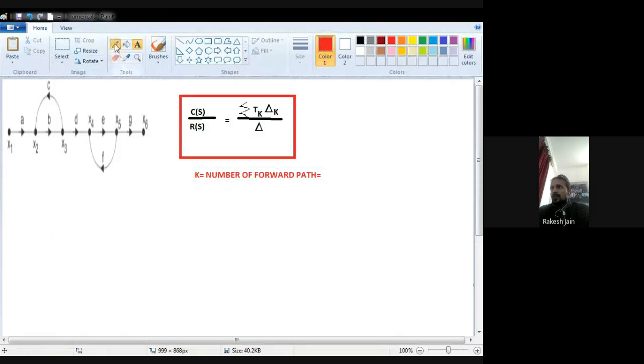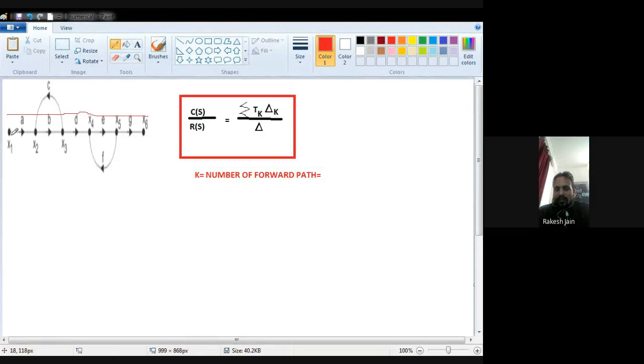So see, from this red color, I just draw with the help of a pencil. See the forward path. I start from x1, that is the input side, A, then B, then D, then E, then G. These are 5 gains on the branches. So this is my first forward path.